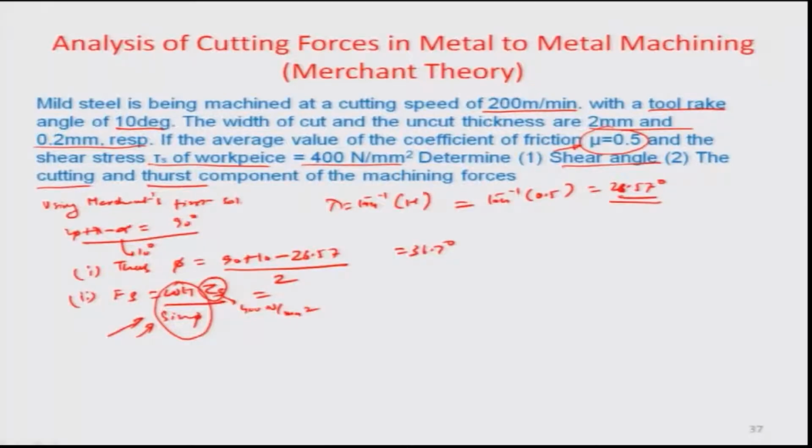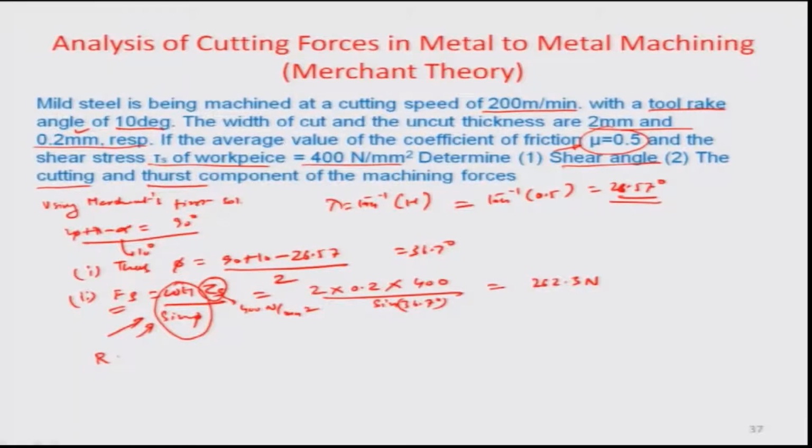So we put in the width, which is 2 mm, times the uncut chip thickness, which in this case is 0.2 mm, times tau s, which is 400 Newton per millimeter square, divided by sine of phi, so sine of 36.7 degrees. In this case the shear force Fs would come out to be close to about 262.3 Newton.